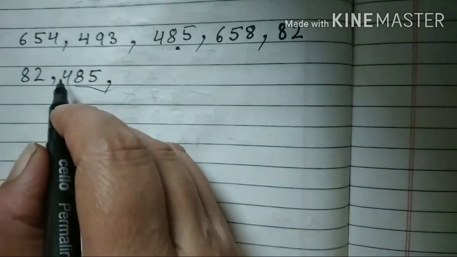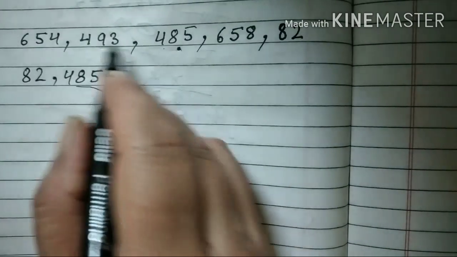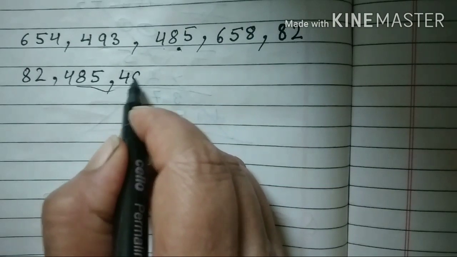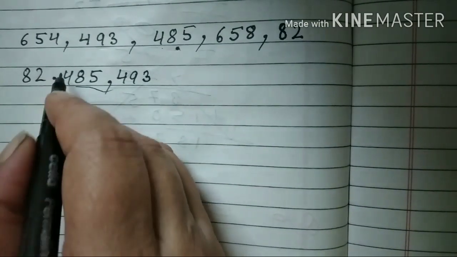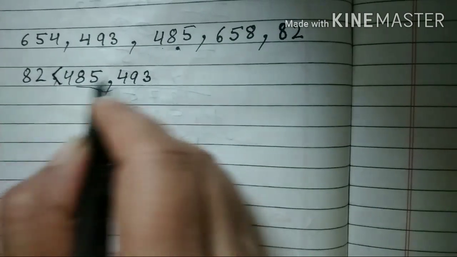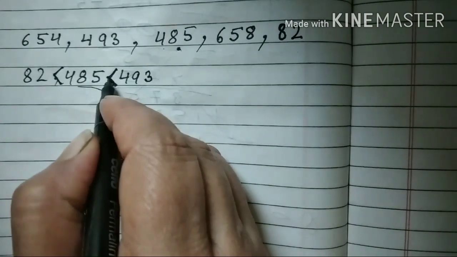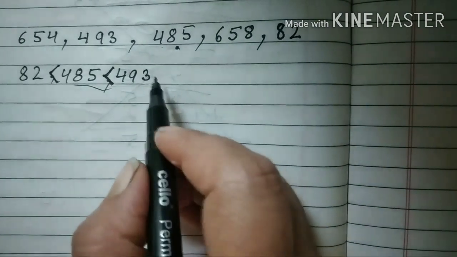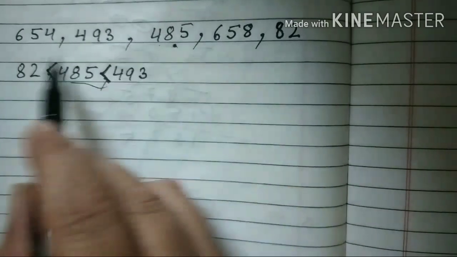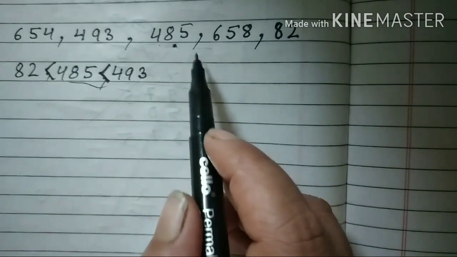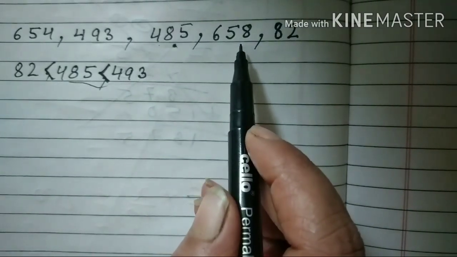Then we will write the next number, 493. Now we have the remaining two numbers. We will put the sign of smaller than. Now we have two more numbers here, 654 and 658.